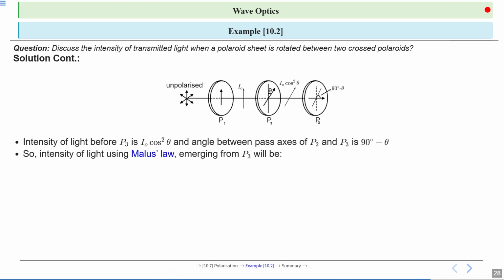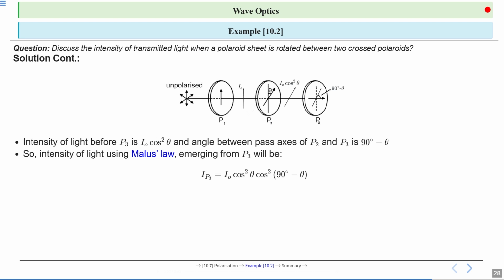Now the intensity of light that emerges through P3, according to Malus law: I P3 will be equal to I naught cos square theta, which is the light incident on P3, and again cos square of the angle between the transmission axes of P2 and P3, that is 90 minus theta.